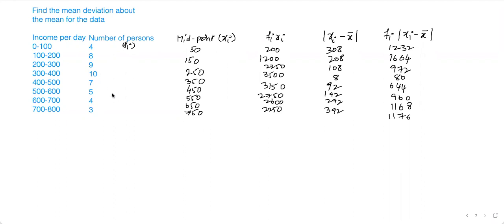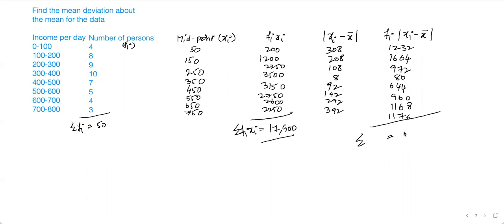The summation of fi is 50, which is nothing but n, and the summation of fi xi is 17,900. We also require the summation of fi mod xi minus x bar, which would be 7896.